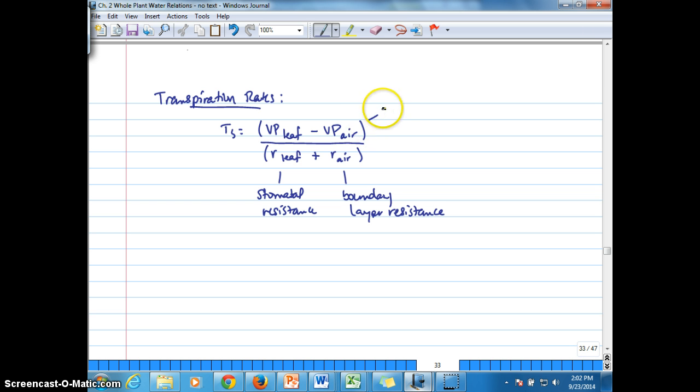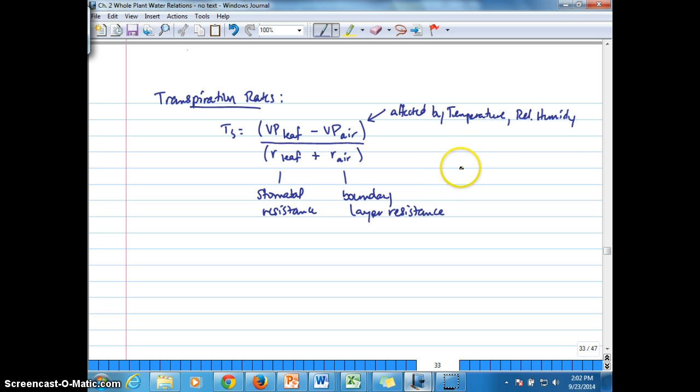So the vapor pressure gradient is ultimately affected by temperature and relative humidity, as we will see in some calculations here.